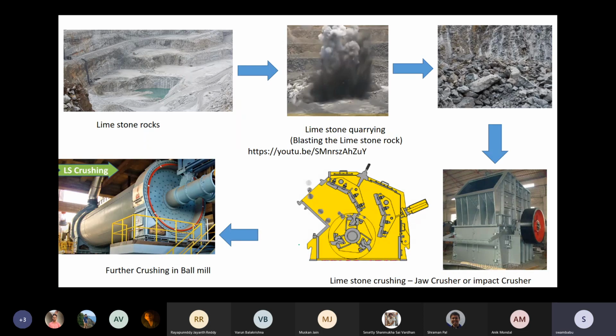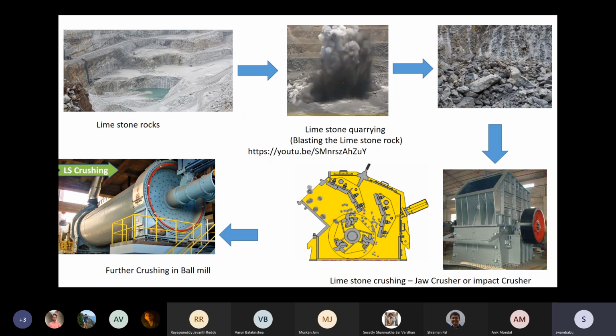So here, this is the typical process. These are the limestone rocks, limestone reserves. They are available at a few places in our country, Gujarat and a few other places. The limestone rock is very hard.